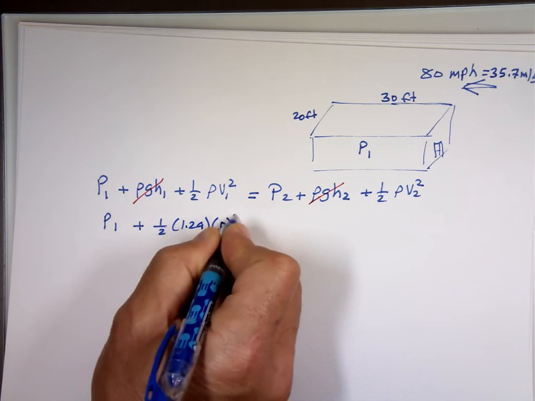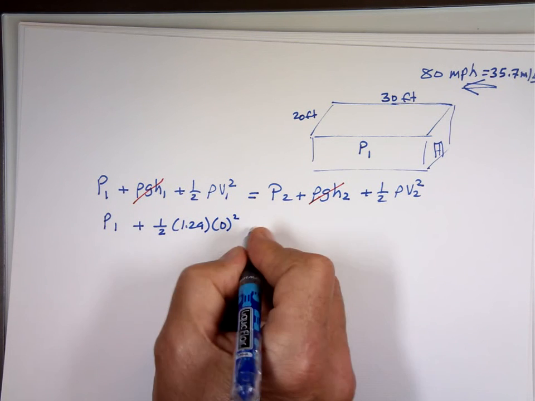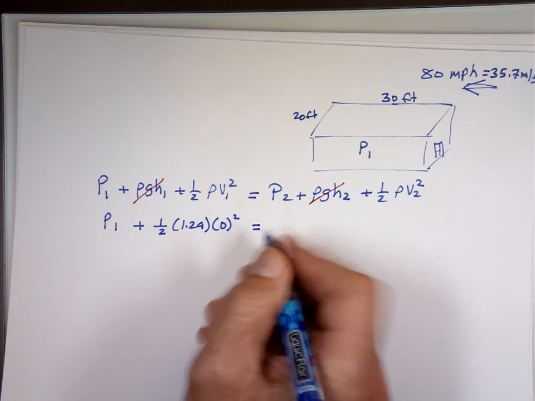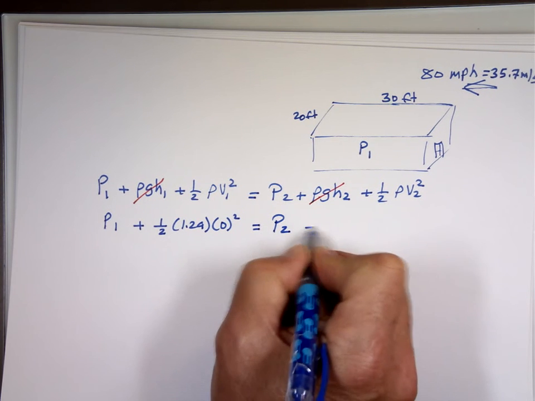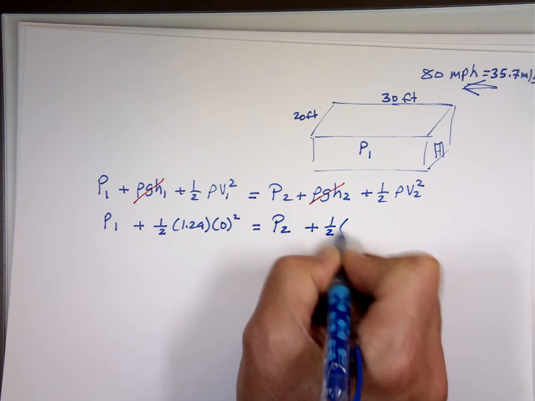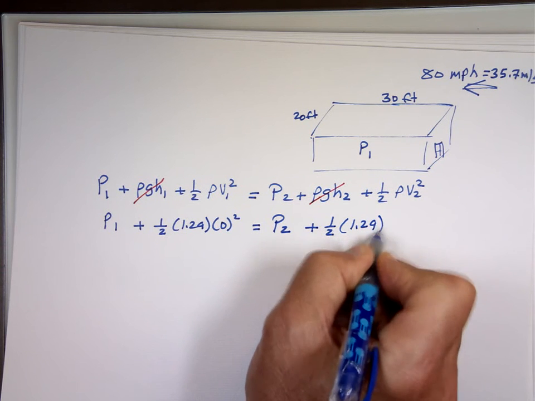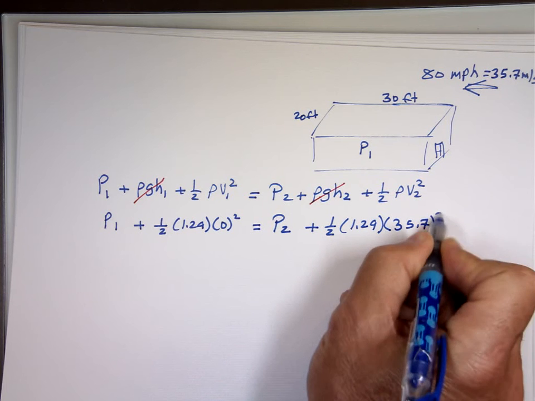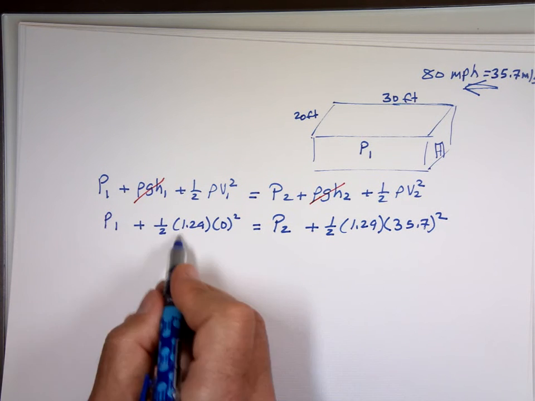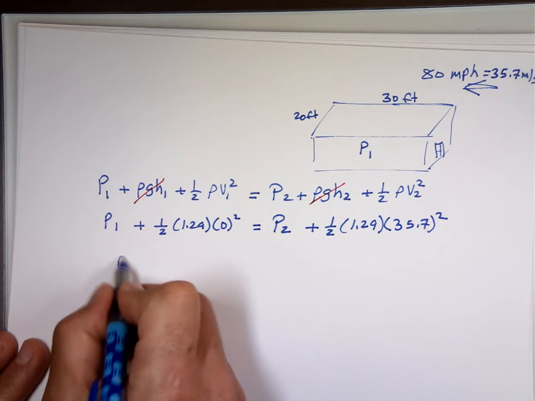Is 1.29 a constant? Yep, for air. That's density of air. Pressure 2 plus 1/2 times 1.29 times the speed, which is what? 35.7 squared. So that's a 0. What's P1 minus P2 here?